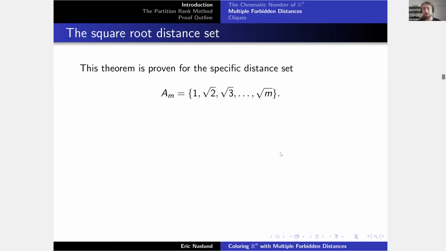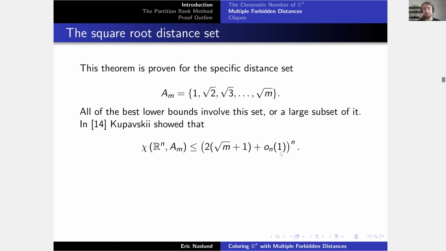It turns out that this is actually about correct for the very specific distance set of square root 1, square root 2, square root 3, all the way up to square root m. This is the distance set that comes out of having the integer lattice, so it's a particularly nice distance set. When we have this distance set, it turns out we have an upper bound that's also of the form square root m to the power of n.